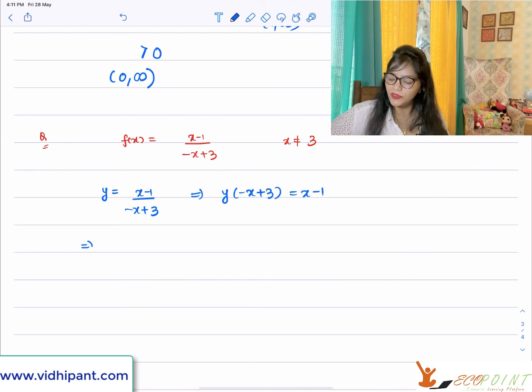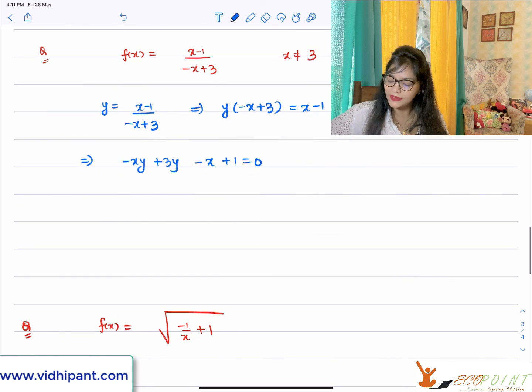So, let me just cross multiply. So, y into minus x plus 3 is equal to x minus 1, and that implies that I have minus xy plus 3y minus x plus 1 equals 0. Or in other words, I'm going to just collect x.